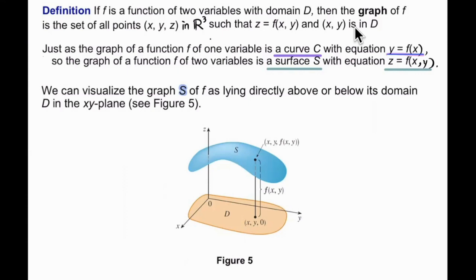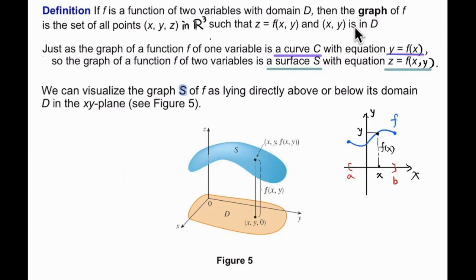Well, it takes every x comma y on this xy plane and assigns a unique function value, and that function value you can consider as the z coordinate of this point in 3D space. Now, when you map every point in this domain by this function f, you get a collection of points in space, and the collection of those points in space is the graph of this function small f.